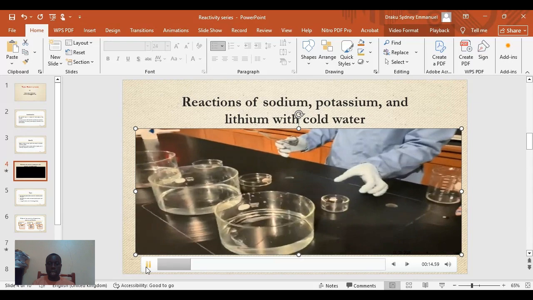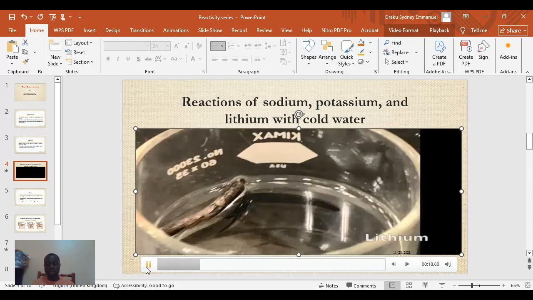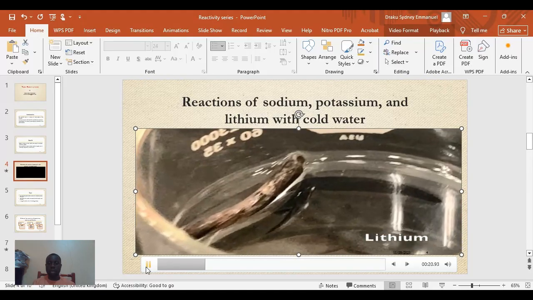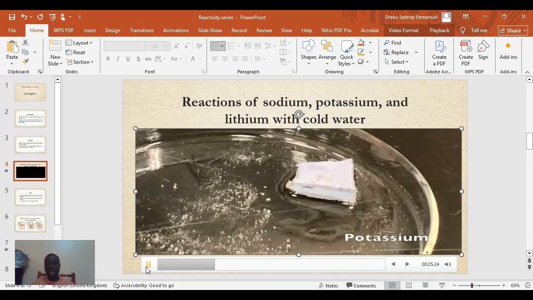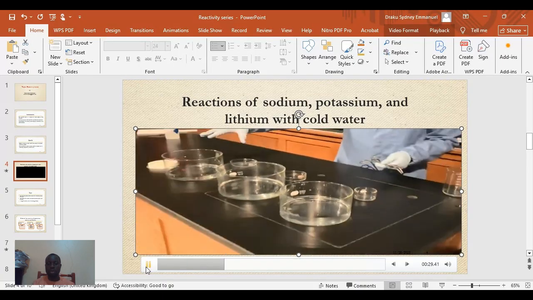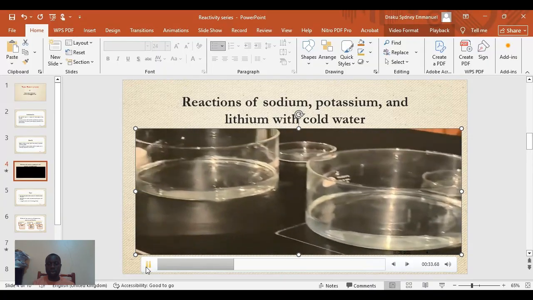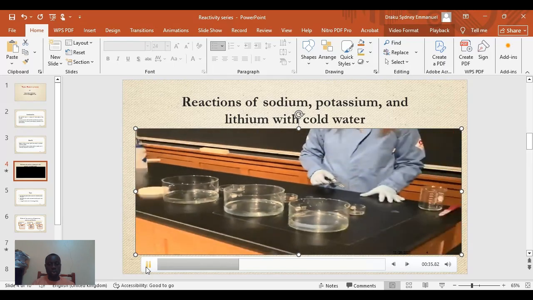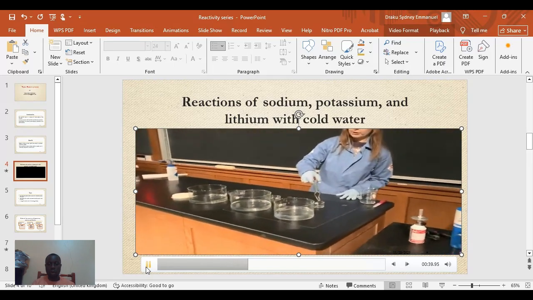In our water, we have added litmus solution because we know when metals react with water, they give us a hydroxide, which is an alkaline solution. This will help us check the reaction and make the observations critically. As you watch this video, I want you to take keen observation.